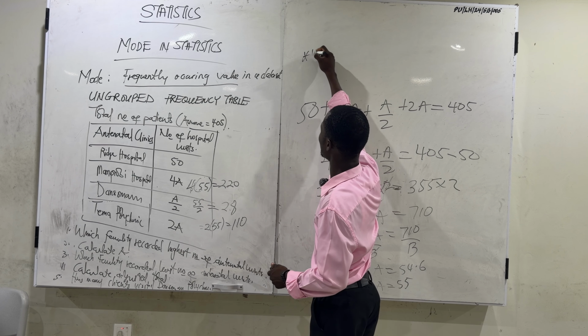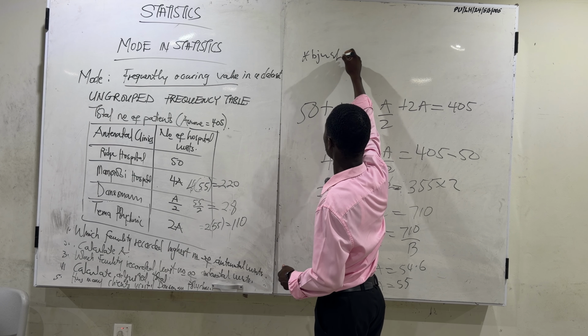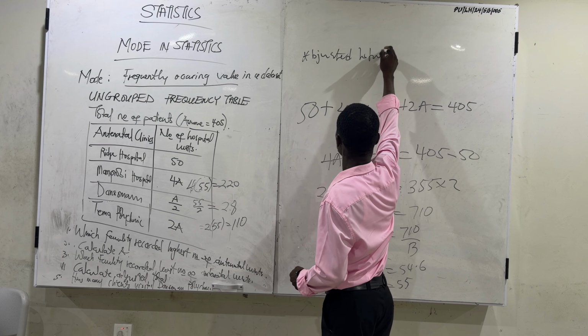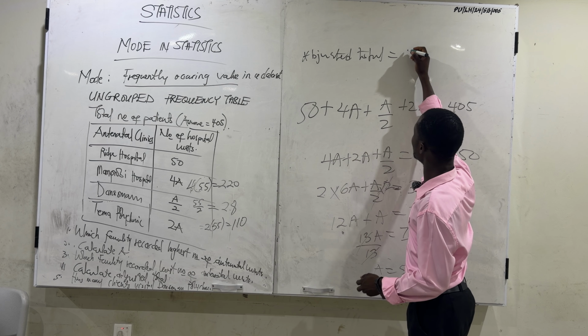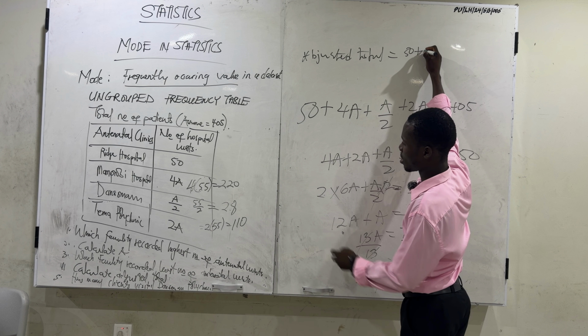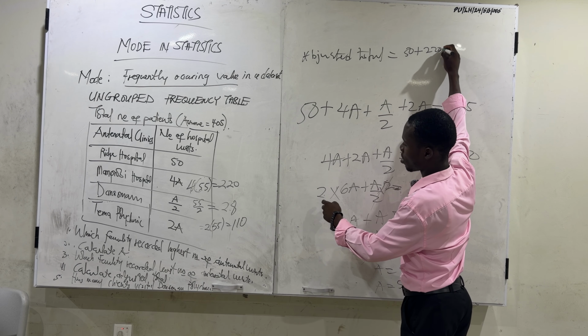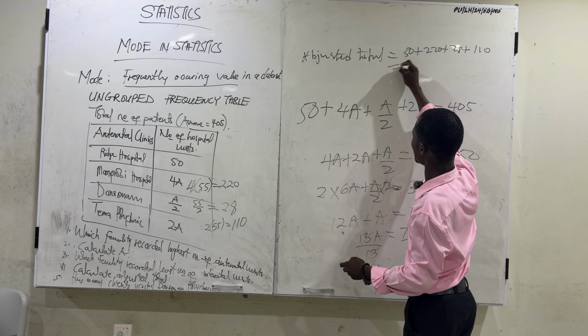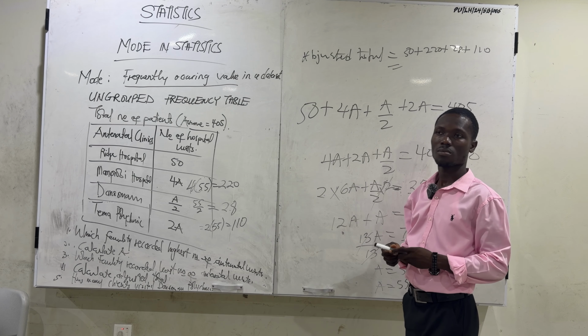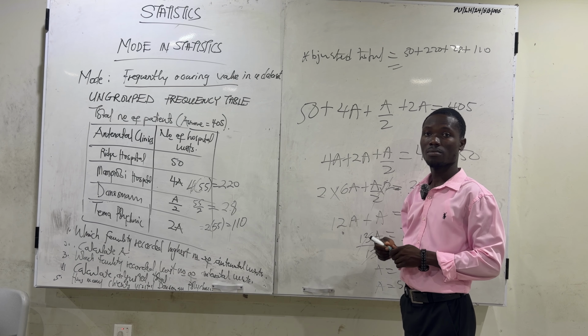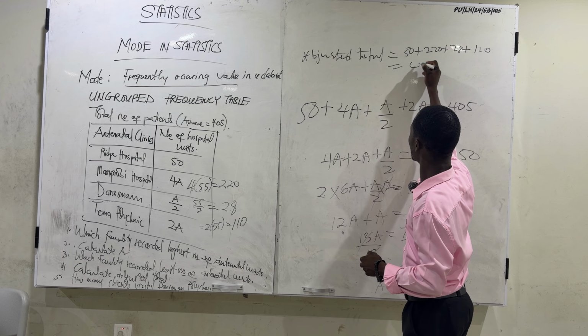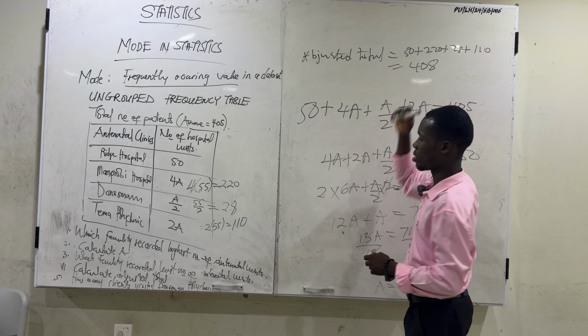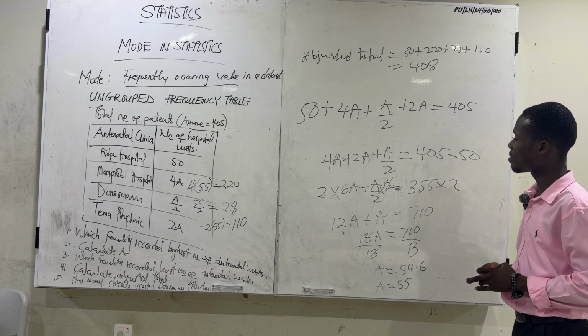It is going to be 50 plus 220 plus 28 plus 110, and that gives us 408. Okay, that is fine.